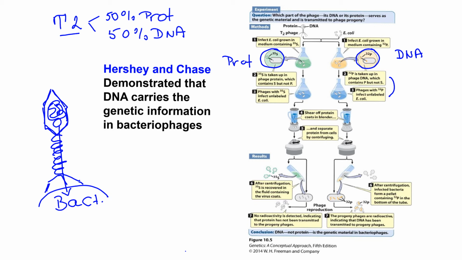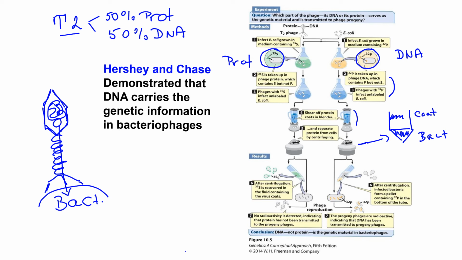After blending, they separated the bacteria from the fluid by centrifugation, and upon centrifugation what they obtained was, in the sediment they had bacteria, and in the supernatant there was a fluid which was composed of the coat, bacteriophage coat, which did not enter the cells, the bacteria. So now they analyzed both coat and bacteria.